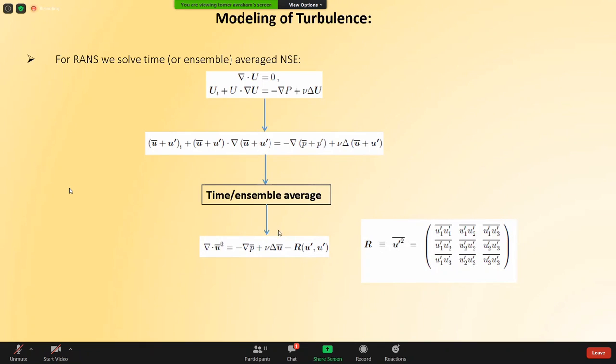What we get is the same equations as the Navier-Stokes equations, but we get another term here. What's interesting, I bet no one has told you, is that this term actually arrived from the nonlinear term, from the advective term. So it's a little bit weird that we have a stress term.